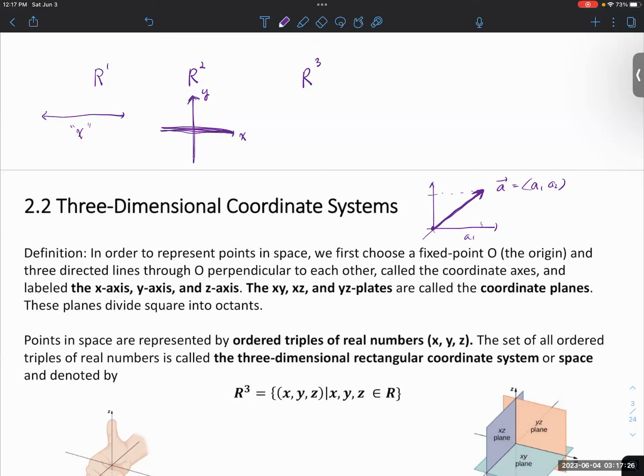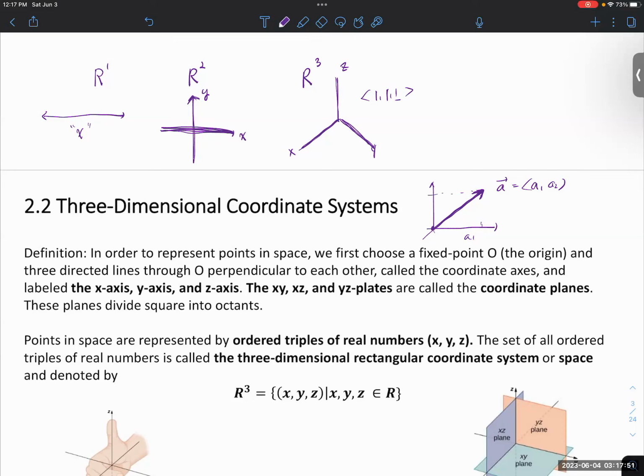What is a three-dimensional space? We are adding one more axis. So you could have x, y, z. The first one came from the x-axis, the second one came from the y-axis, and the last one is coming from the z-axis.